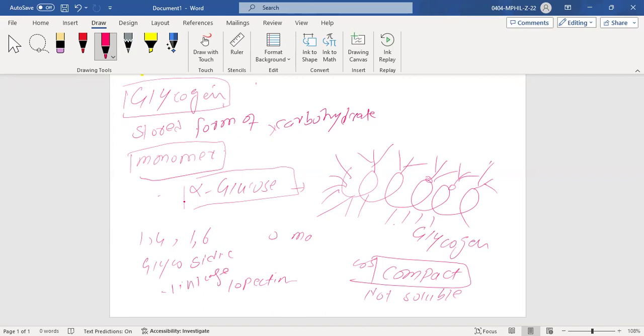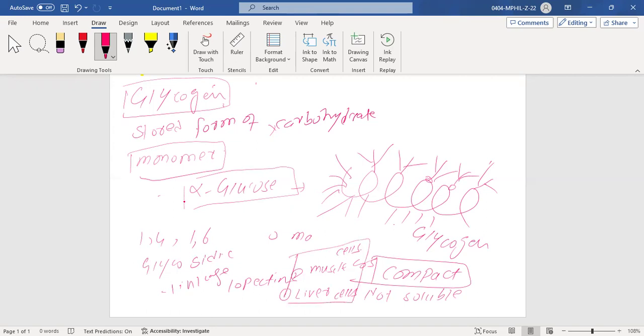Where it is stored, I have told you. It is mainly stored in liver cells, and it is also stored in muscle cells.